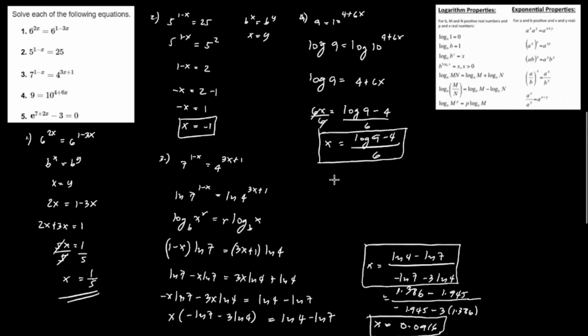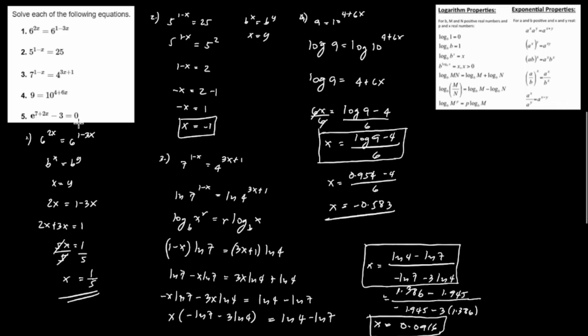Or in terms of decimals, x is equal to log of 9, which is 0.954, minus 4, and divide by 6, or x is equal to negative 0.583, and this is the answer.